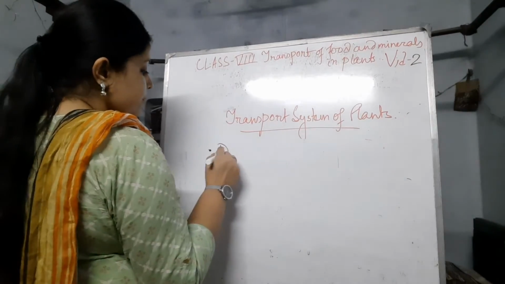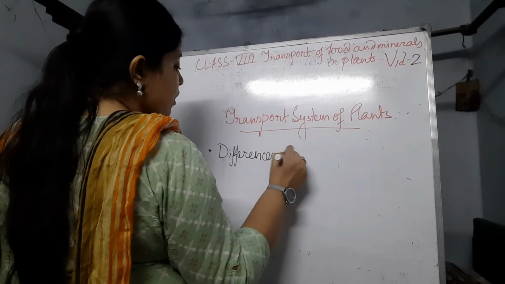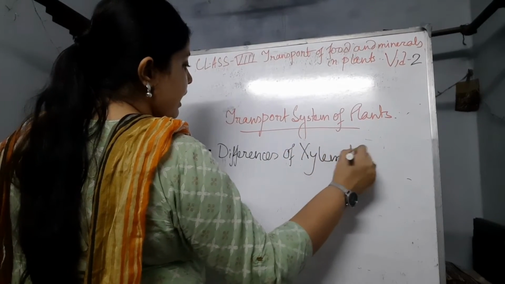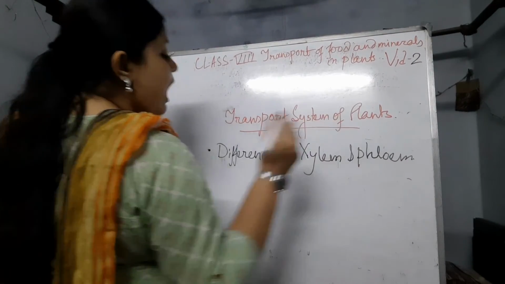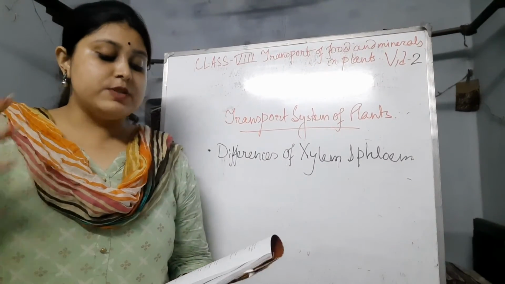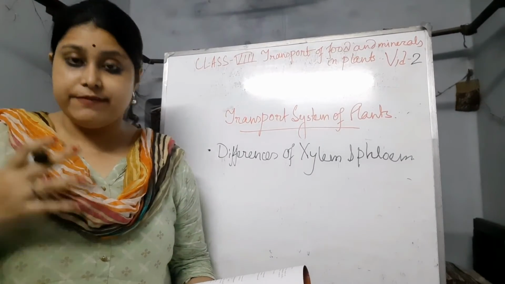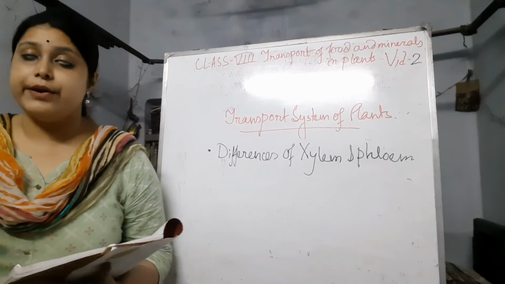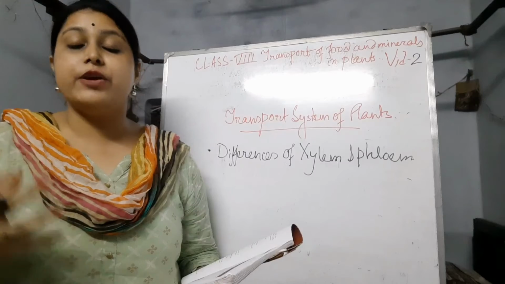So, differences of xylem and phloem. After that, we are going to discuss how the absorption of water and minerals is done. There is a concept of the root hair, by which the roots absorb water and minerals from the soil.